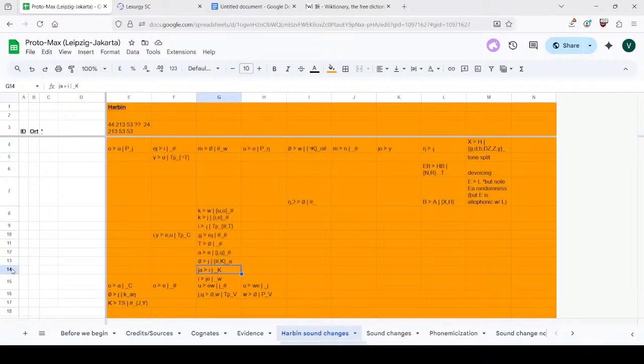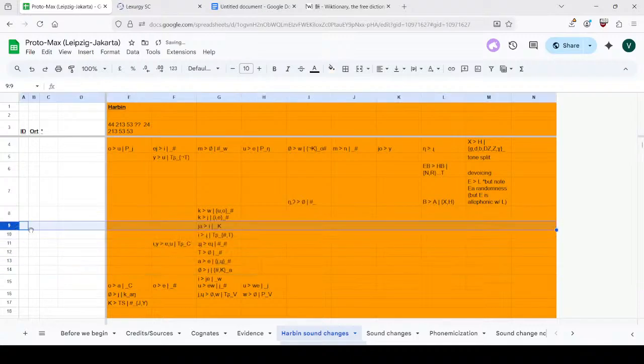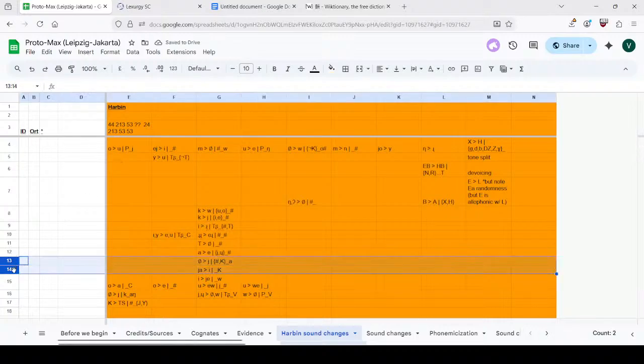Because if I move you here, then that starts messing up because you don't insert that early enough. Yeah, because these two have to go in this order, definitely.